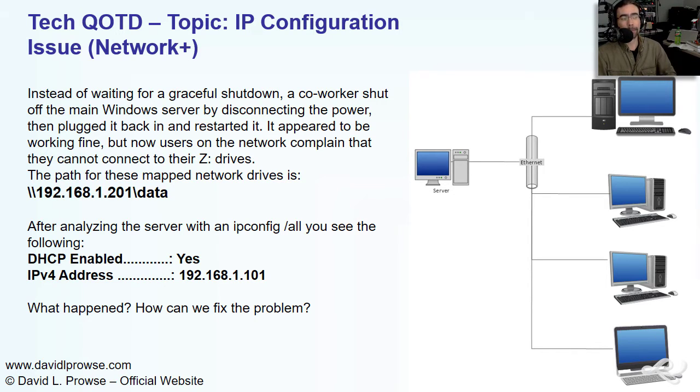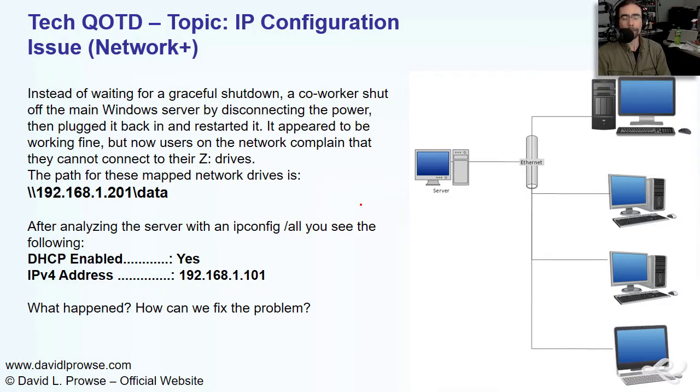The path for these mapped network drives is shown here. And after analyzing the server with an ipconfig /all, you see the following information. Questions: what happened and how can we fix the problem? I'll leave you a moment to pause the video and come back with the answer in just a bit.